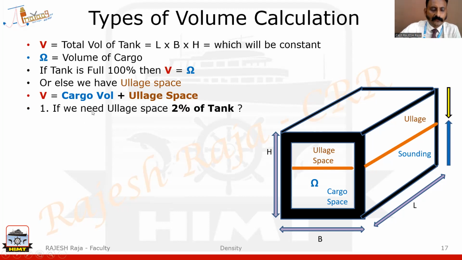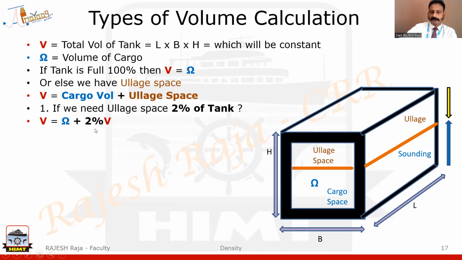Now, the first type of volume calculation comes. He asks you, please find the volume of the cargo if 2% of the tank is to be left as empty, which is ullage space. 2% of the tank. So you should realize capital V is never going to change. That means I have a cargo volume, which is omega, and the empty space is 2% of the tank.